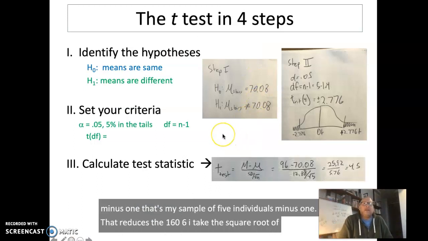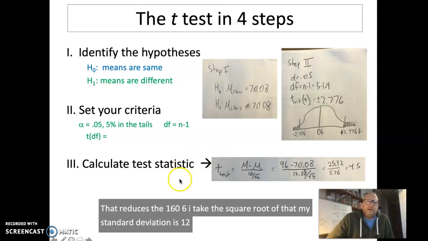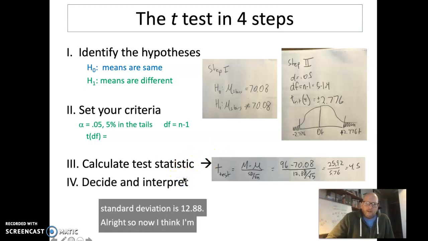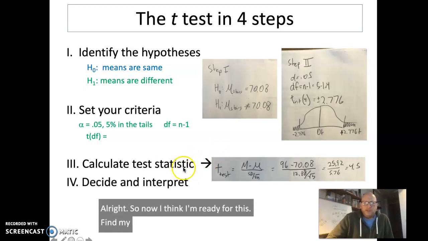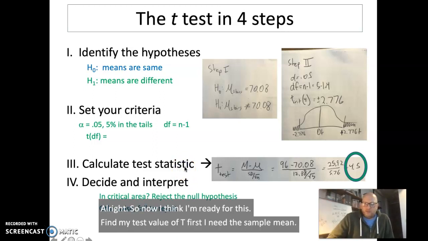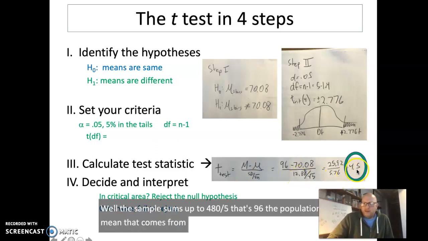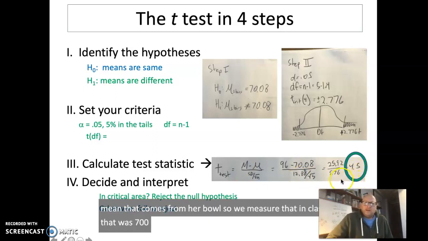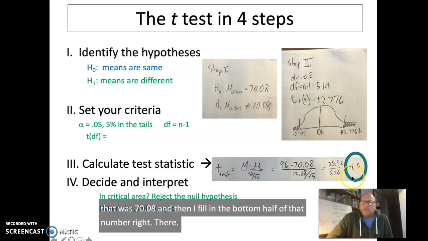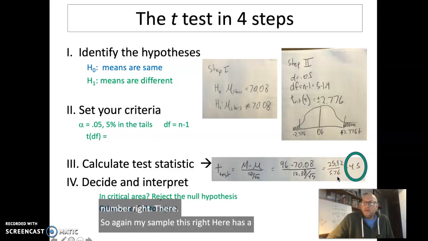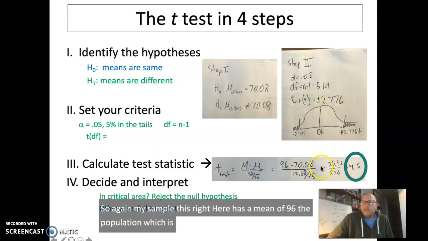There we go. All right, now the very last thing we have is the decision. And the decision, we have to decide if we reject the null hypothesis or not. And I'm going to take this number right here and compare that to our critical value of t. Okay. So I'm going to use this right here.